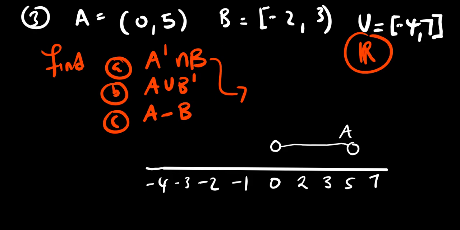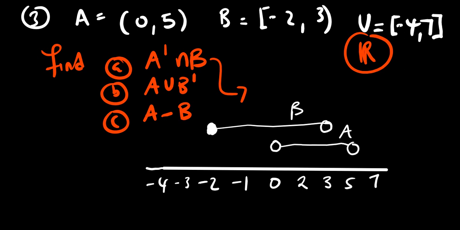Is -2 included? Yes, so I'm going to shade. 3 is not included, so I'm going to open and join these two points. This is our B.